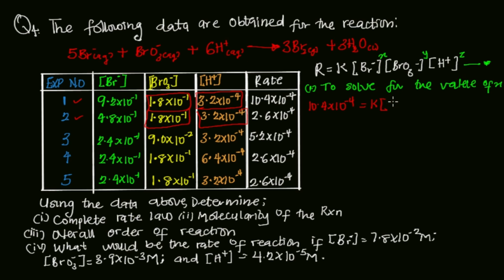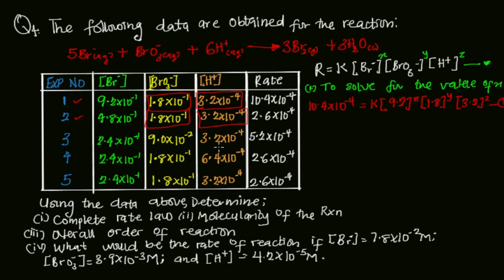So I'm going to have 9.2 raised to the power of x, then this is going to be bromate as well. I'm going to have it to be 1.8 raised to the power of y. I'm going to keep 10 raised to the power of minus 1 for now, and this as well I'm going to keep in 10 raised to the power of minus 1, so I'm going to have 3.2 raised to the power of z. So this is our equation 1, right?